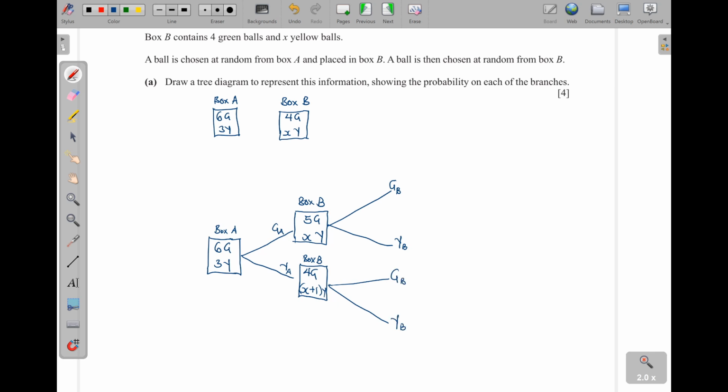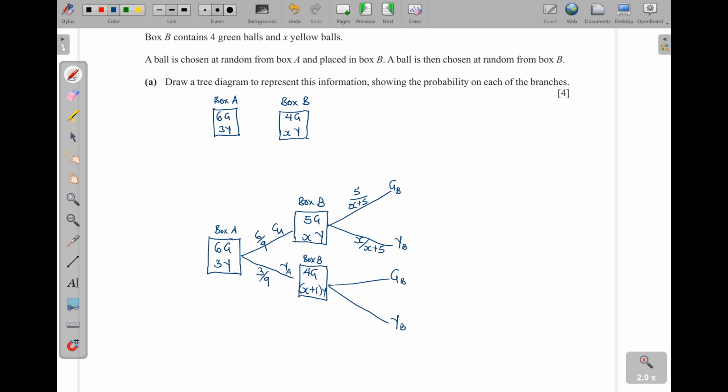Okay. Now, what is the probability of picking from here? This one is 6 over 9. Then this one is 3 over 9. What's the probability of picking green from here? That is 5. Out of the total is going to be this X plus the 5. Then here we are going to have X over X plus 5.